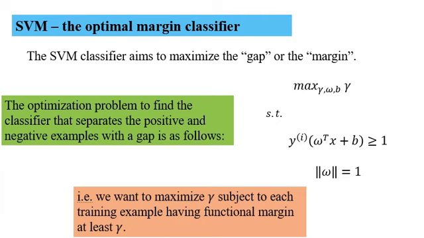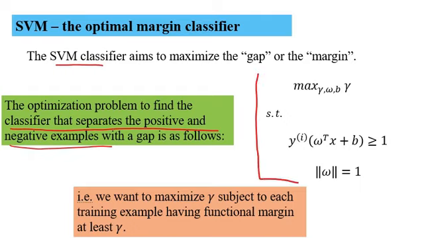Now we want to see how this optimization problem is actually defined. The SVM classifier aims to maximize the gap or the margin. This we have seen in our examples, and also in terms of the functional and the geometric margin. So, the optimization problem to find this classifier with maximum separation between positive and negative samples, we write as follows.